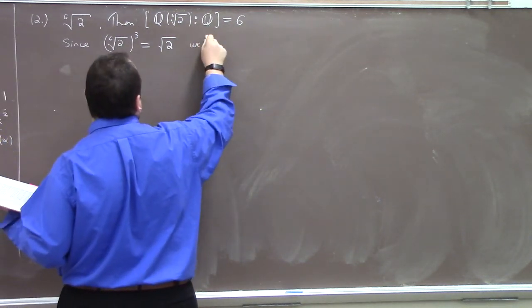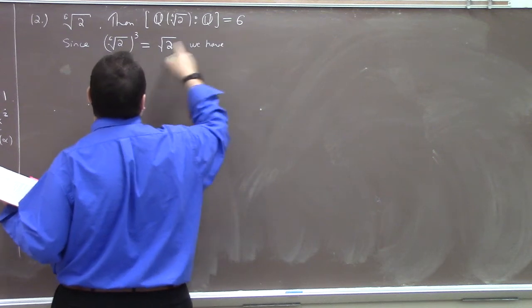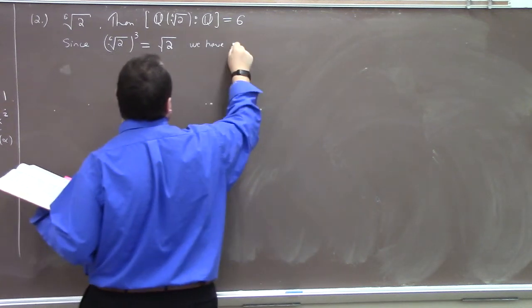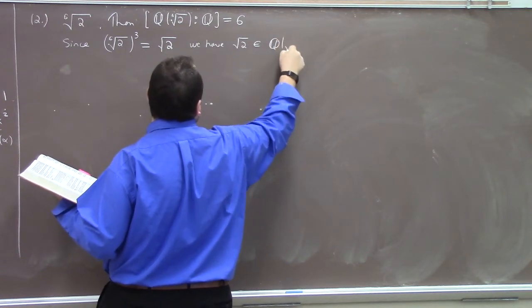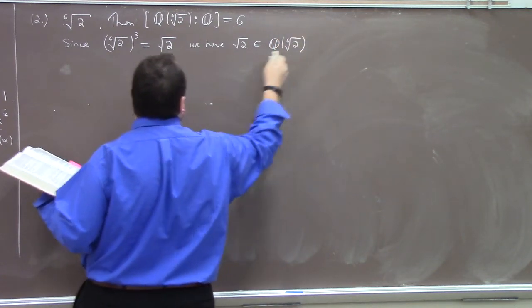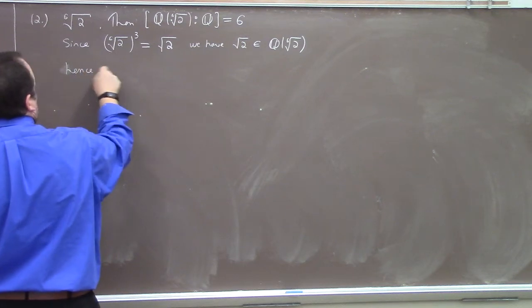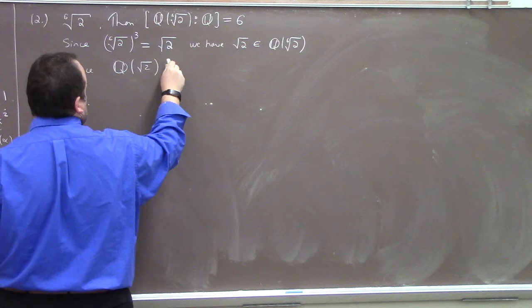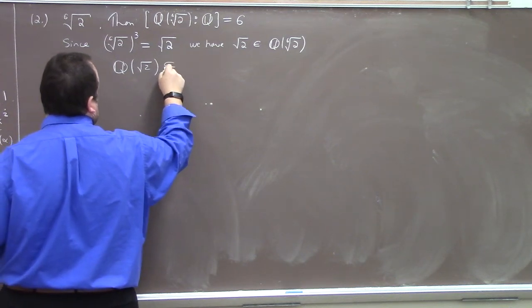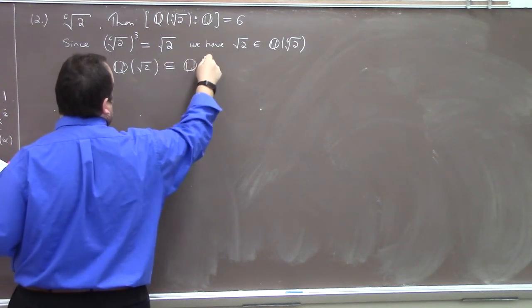So what does that tell you? That tells you that the square root of 2 is an element of Q adjoin the sixth root of 2, right? Hence, Q adjoin the square root of 2 is a subset of Q adjoin the sixth root of 2.